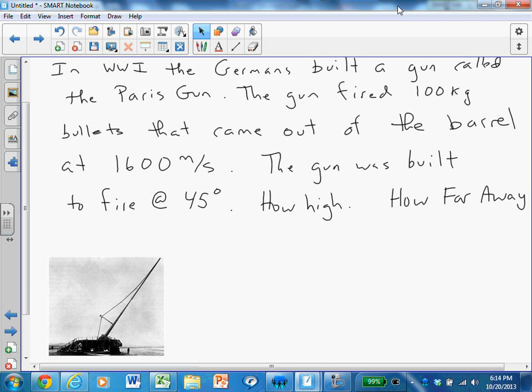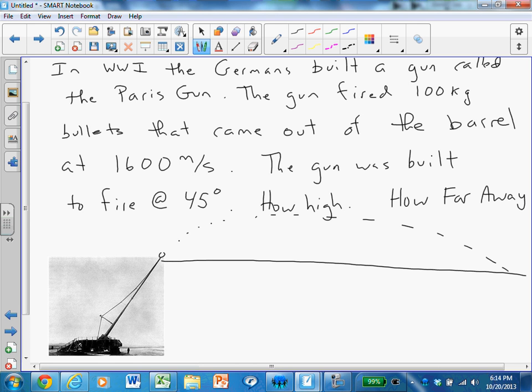How high did the bullets go, and how far away? So these would travel up and then land some distance away. We're going to assume it's symmetric as it goes. And we're interested in how high and how far.